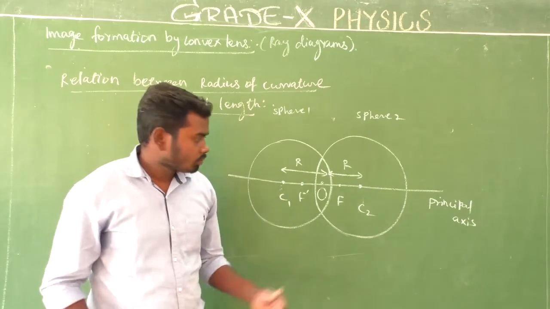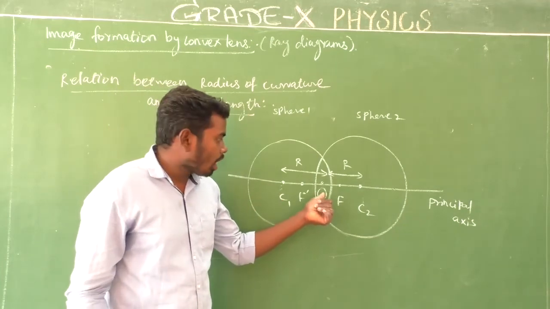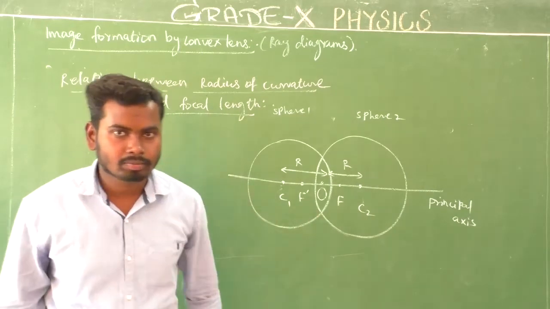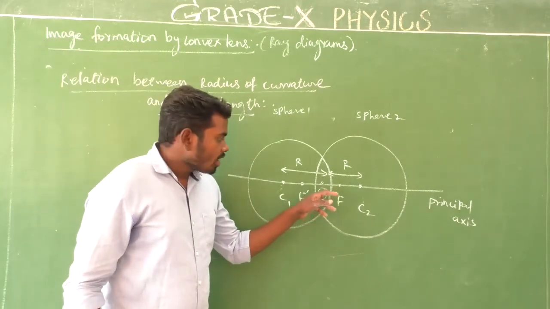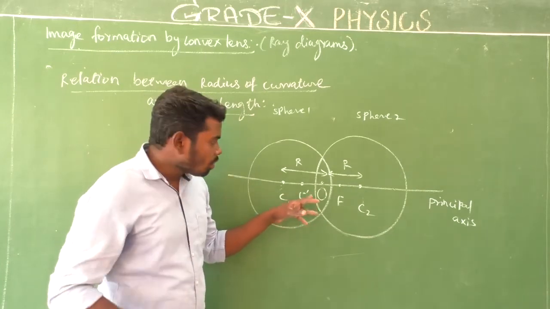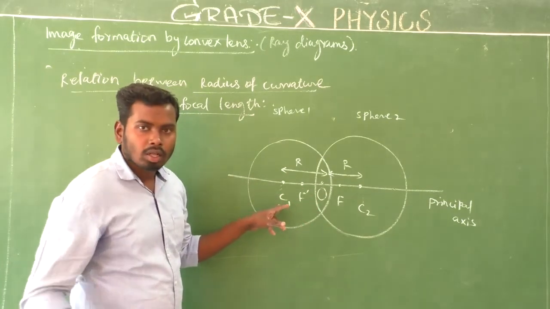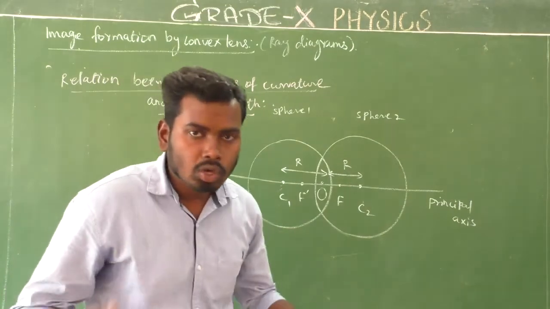The distance between the optical center and focus is the focal length. So if OF dash is the focal length, what about F dash and C1? That is also focal length.